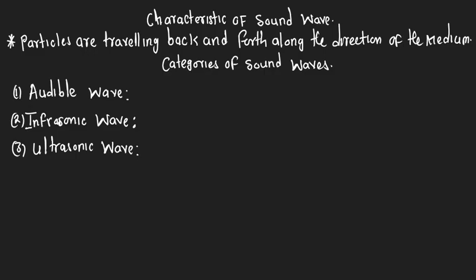So audible wave is a wave which is carrying a frequency of 20,000 Hz, or it can also be written as 20 kilohertz. But basically just convert it to hertz. That is very important.